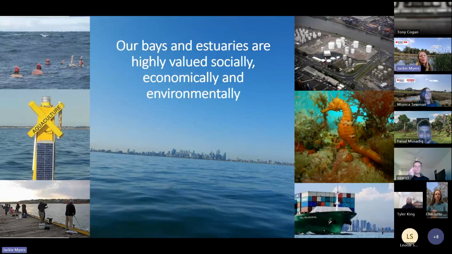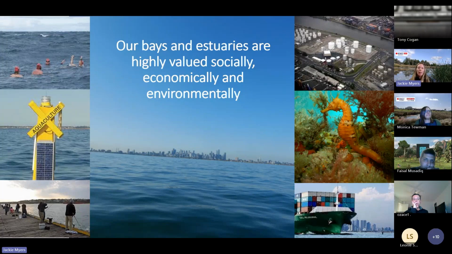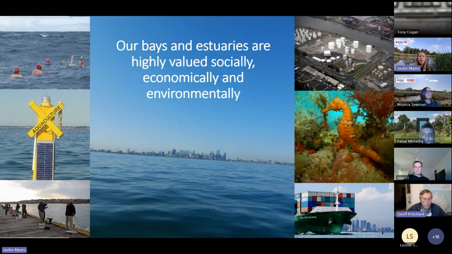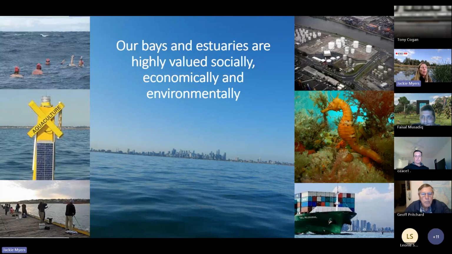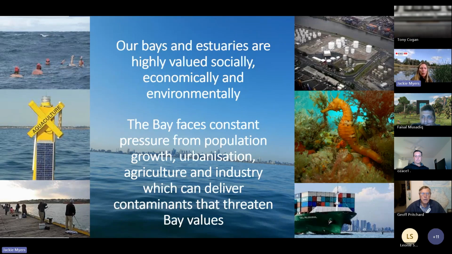All right. So Port Phillip Bay is a highly valued environment, and socially it serves as a hub for community activities and recreation. Economically, it contributes significantly to the local economy through things like tourism and fishing and other marine-related industries. Environmentally, it is a vital ecosystem, being home to diverse ecological communities, unique habitats and aquatic life. However, the escalating pressures of population growth, urbanisation and industrial activities can pose significant threats to our bay.